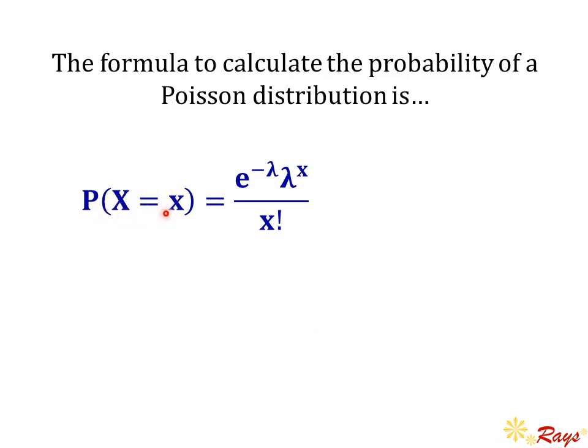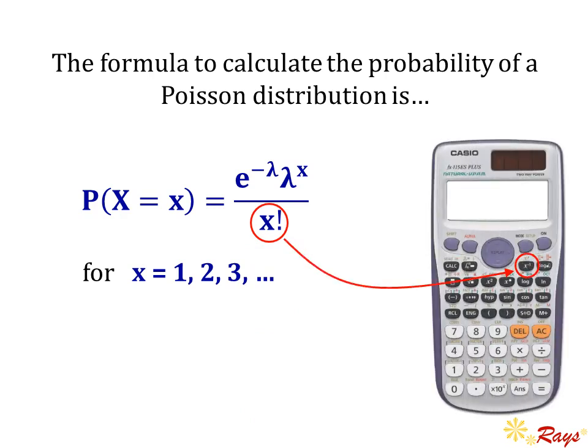Probability of any given number of occurrences is given by exponential e to the power of negative lambda multiplied with lambda to the power of x over x factorial, for x equals 0, 1, 2, 3 onwards until infinity. For those of you who don't know how to find x factorial, just look for this button, shift, and press it.